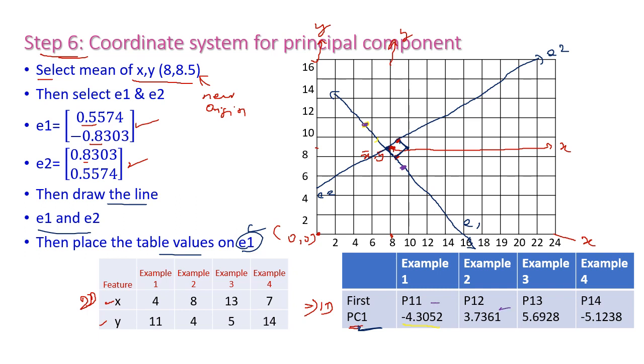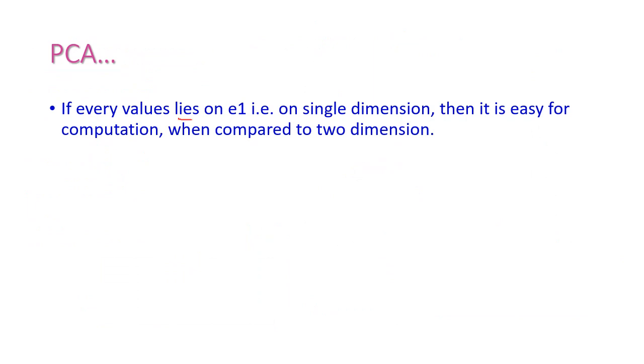After that 5.69, from here 5.69 may come in this place. After that minus 5.12 may come in this place, for example. From here only we have to compute. So all the table values are placed on the E1 axis. Now all the values lie only on the E1 axis.